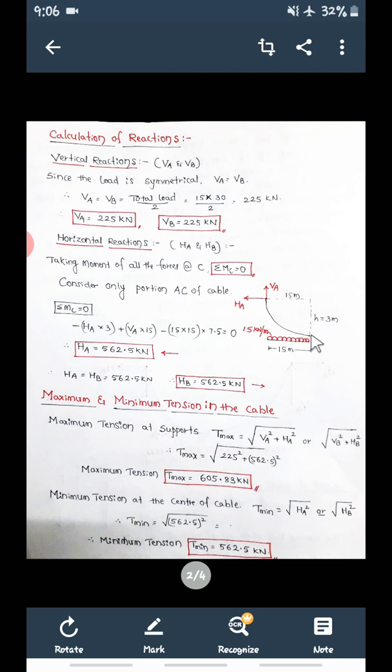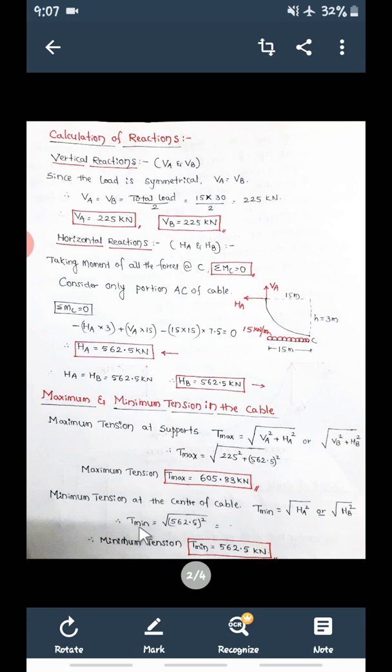At the center point of this cable. Minimum tension at the center of the cable, T minimum, is equal to, so here there is only one force. The vertical component VA will be 0 here, only HA or HB will be there. So T minimum is the square root of HA square or the square root of HB square.